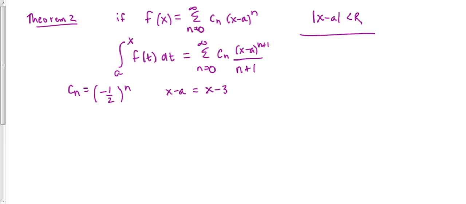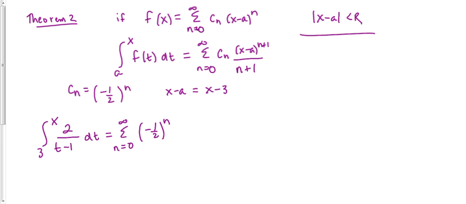So our function, the integral from 3 to x of 2 over (t minus 1) dt, is going to be equal to the summation from n equals 0 to infinity of (-1/2)^n times (x minus 3)^(n plus 1) divided by n plus 1.